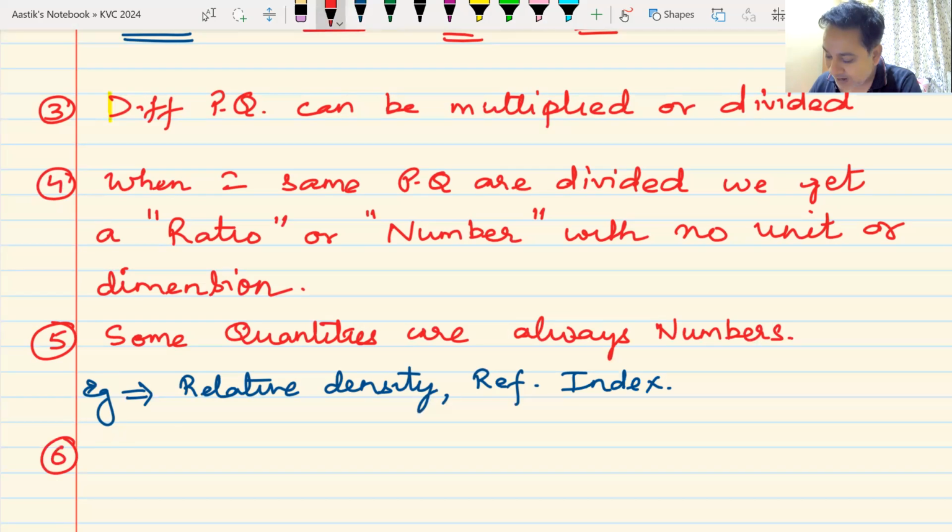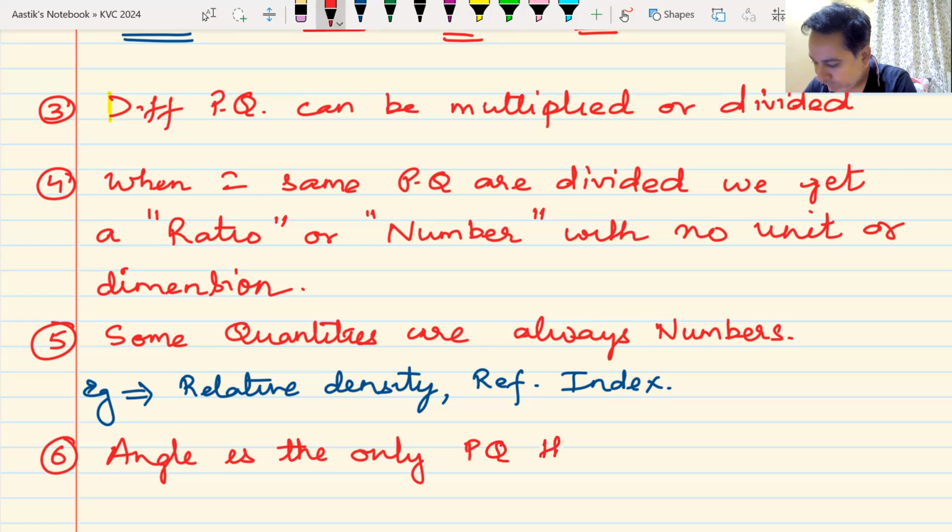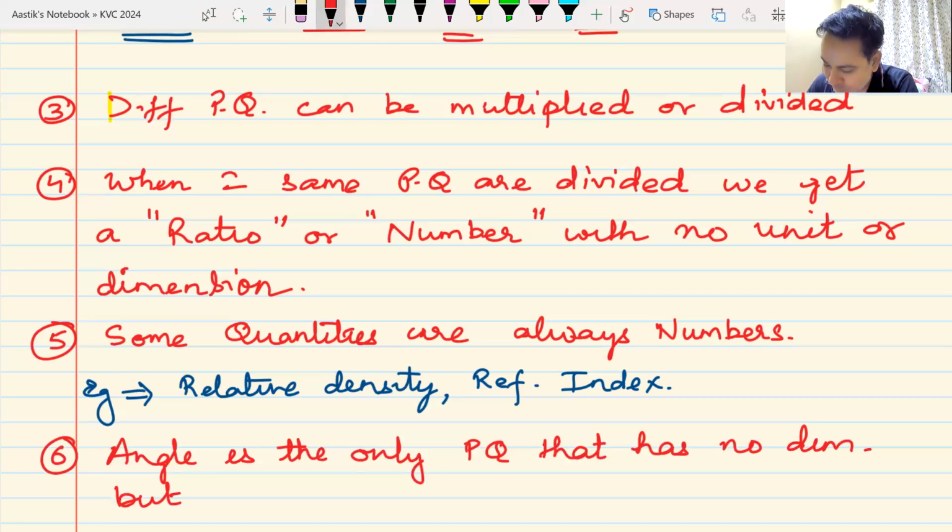Number 6, angle, is the only physical quantity that has no dimension, but it has a unit.